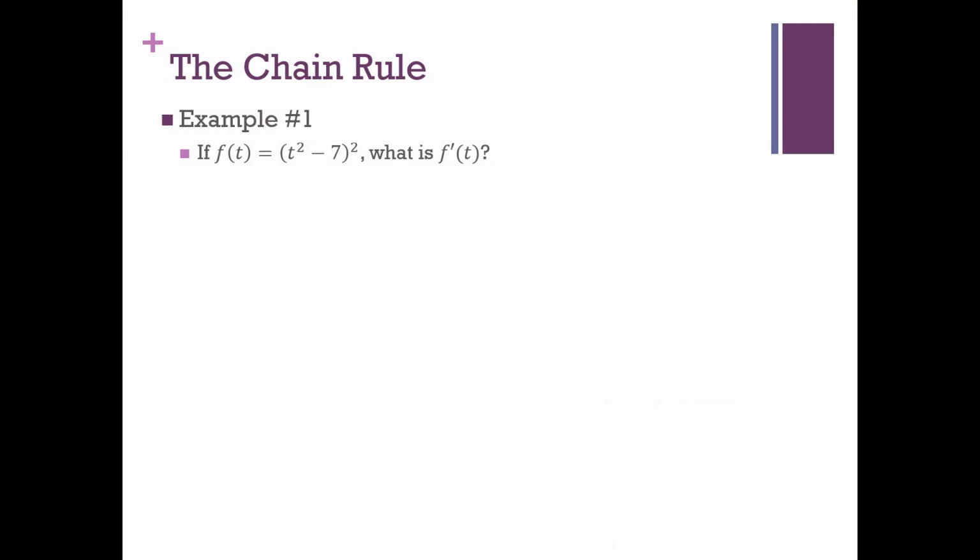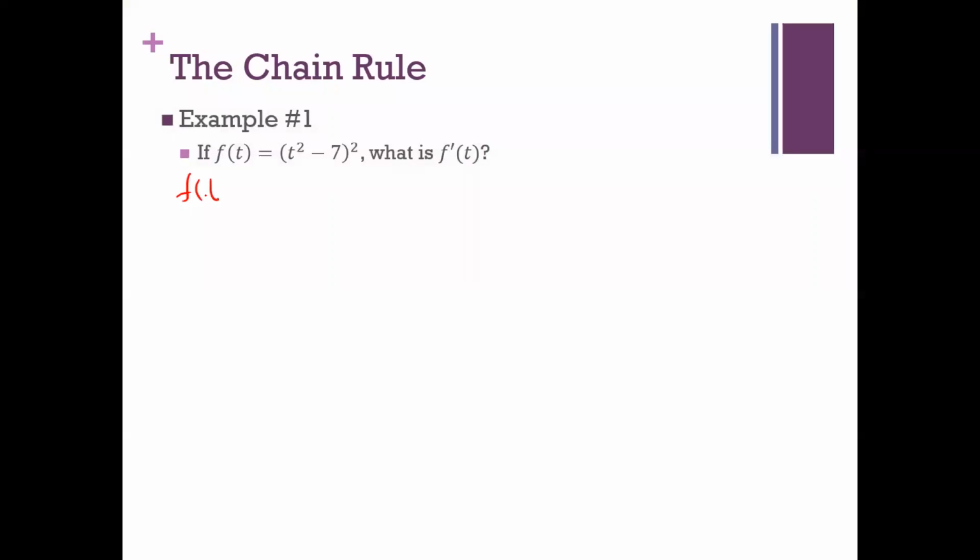Can I find the derivative of this function right here? Yeah. How would I do that? Separate them both, t squared minus 7. Separate them both? What do you mean by that? Like f of x and g of x. Okay, so you could use the product rule there, right? Yeah. So let's do that.